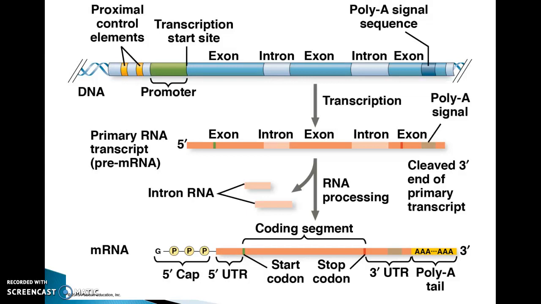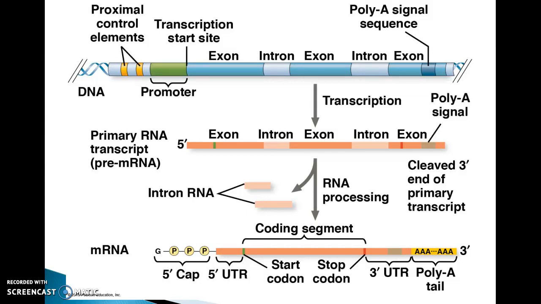Now, the 5' cap is a modified version of guanine, and the poly-A tail is a series of adenine molecules. Also, if you look at the bottom strand, being the final version of messenger RNA, you can see this whole 5' UTR.